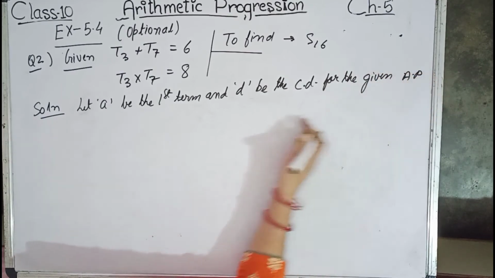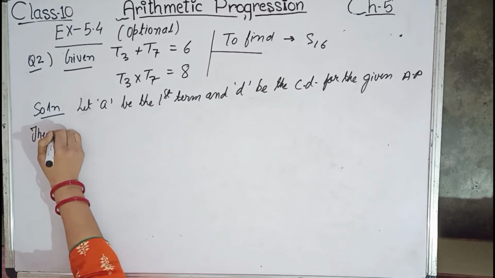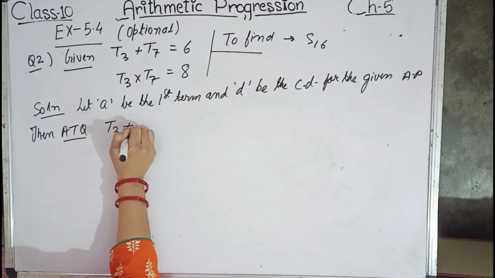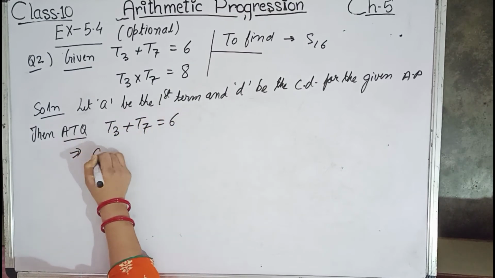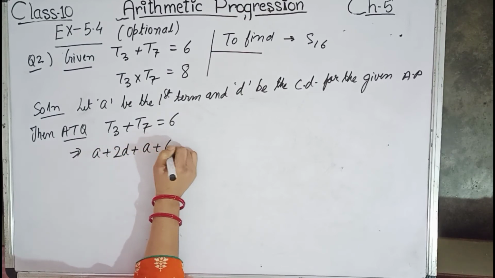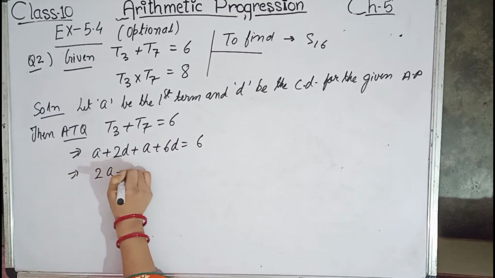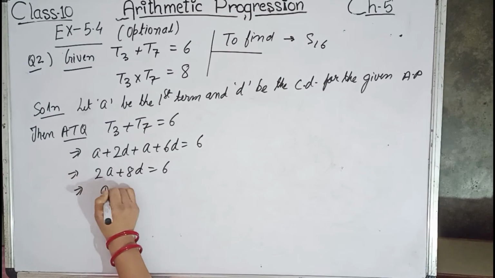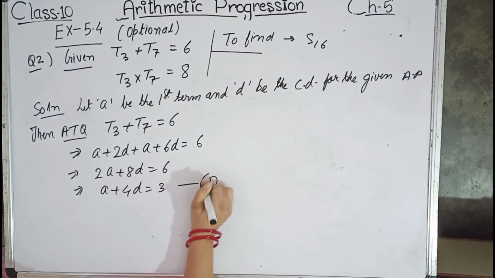In all the sums children, if I forget, you please write this line before writing any formula. Then, according to question, T3 plus T7 equals 6 implies A plus 2D plus A plus 6D equals 6. This implies 2A plus 8D equals 6. This implies A plus 4D equals 3.